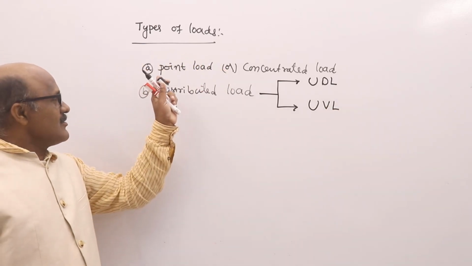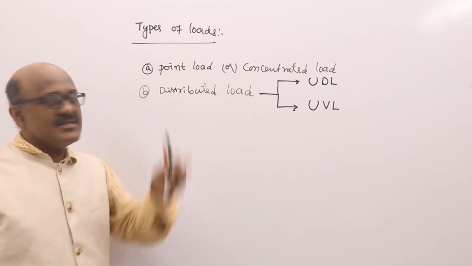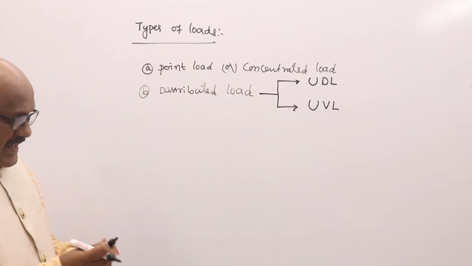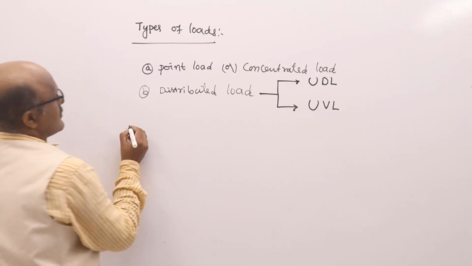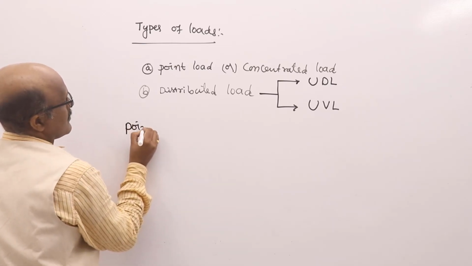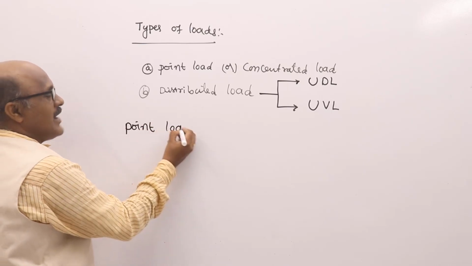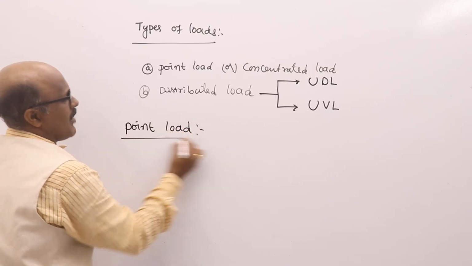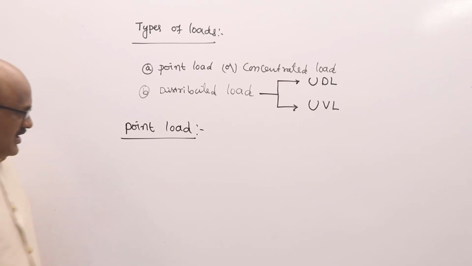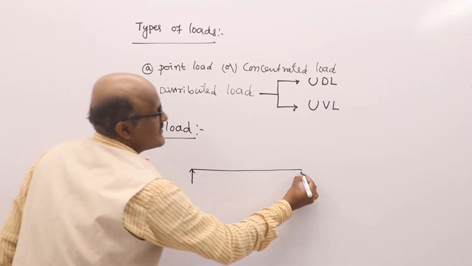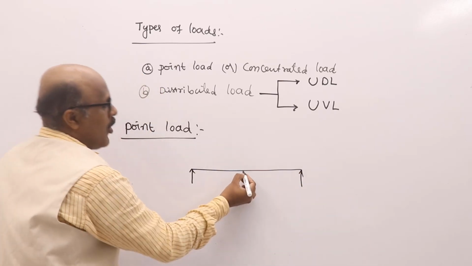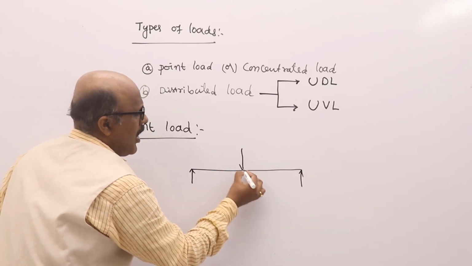First of all, we will discuss the point load or concentrated load. What is a point load, my dear students? Suppose it is a beam, and the load is acting over a small point.